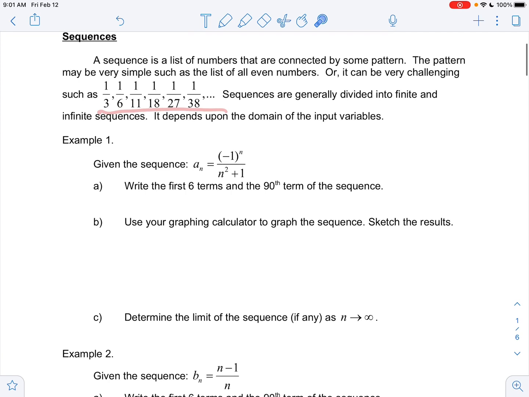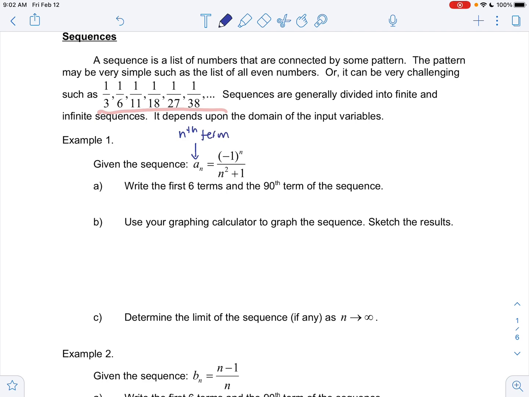Down below here, we're given a general term for the sequence rather than the list of numbers. What we're going to practice is writing out the first 6 terms given this general term. N stands for the number of the term, so I would describe this as the nth term.